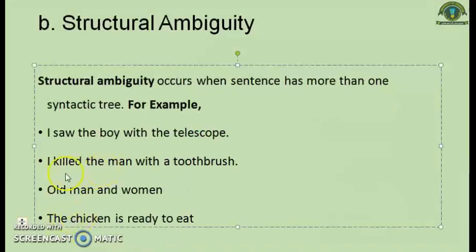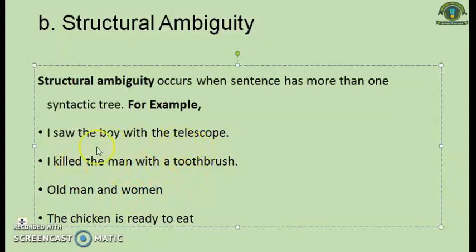Here in structural ambiguity, I discussed these examples. "I killed a man with a toothbrush." I told you how it is possible that a man can kill someone with a toothbrush. This occurs because of the way the prepositions work. With a toothbrush, here the word toothbrush modifies the noun, the man.